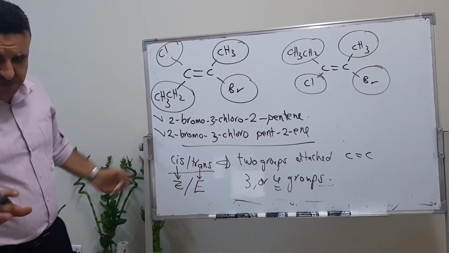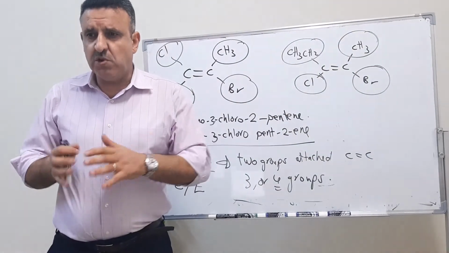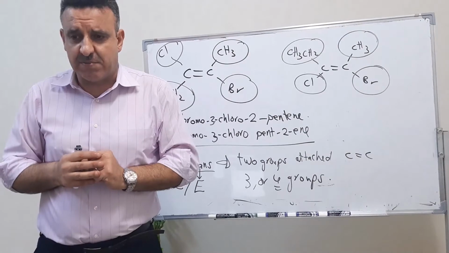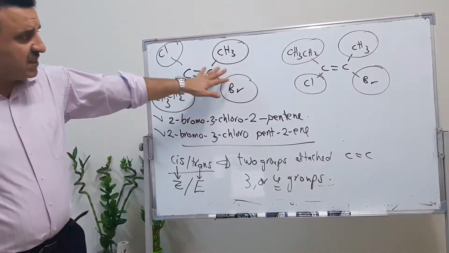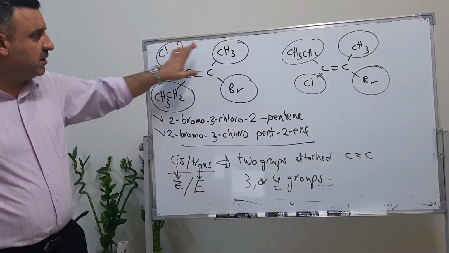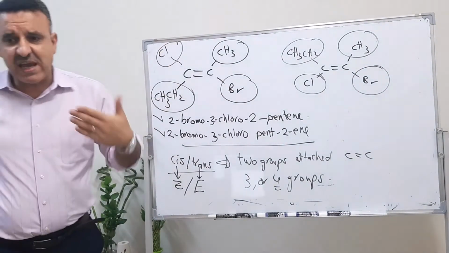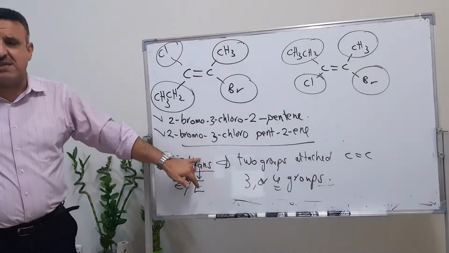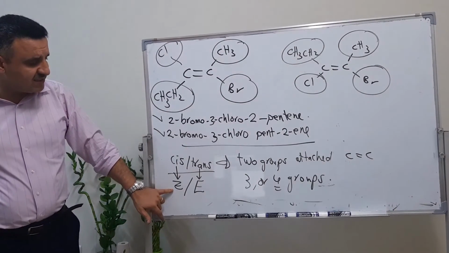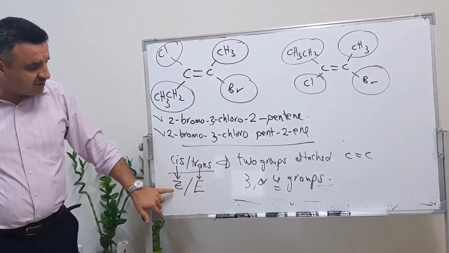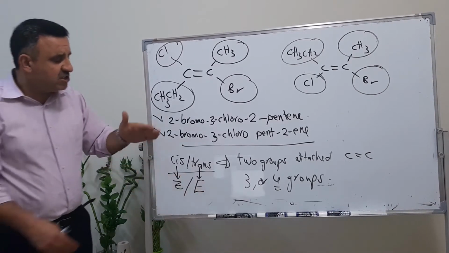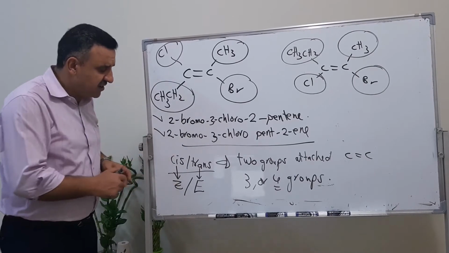Do you follow me? But the most important thing, as I said, we do use cis-trans when we have 2 groups attached to the carbon double bond carbon system only. But in this case, you can see here, how many groups are attached to the carbon double bond carbon? We have 4 groups. In this case, we don't use the cis-trans system to distinguish the different stereoisomers. We use instead a new system which we call Z or E. The E is equivalent to the trans, and the Z is equivalent to the cis.